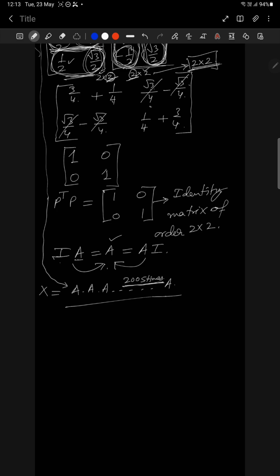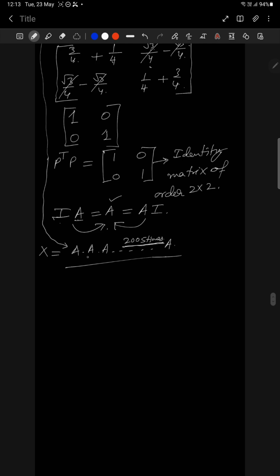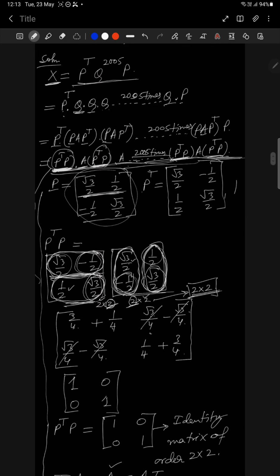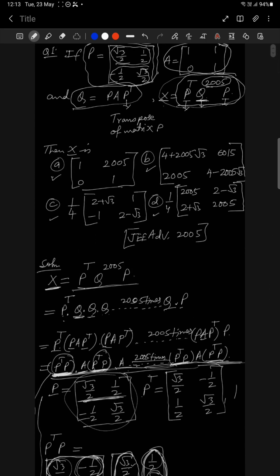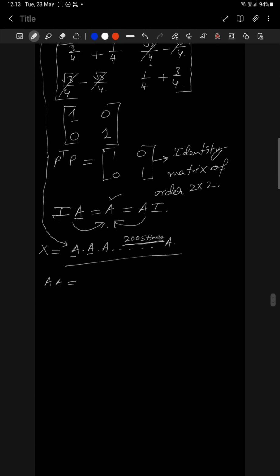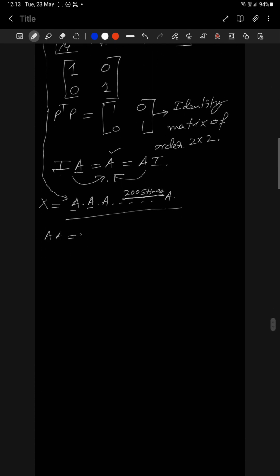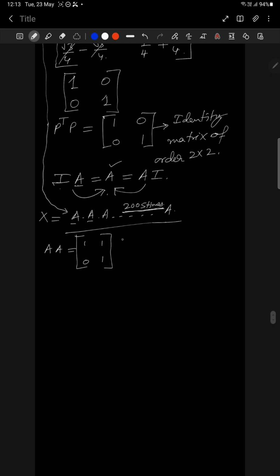Okay, so let me first start with a matrix multiplication a, that is a matrix multiplication a. Let us find out. And what was a? a was equal to 1101, and similarly another one is again 1101.